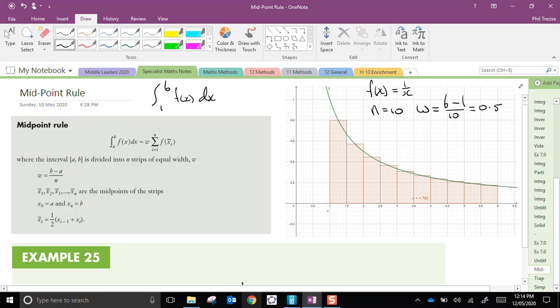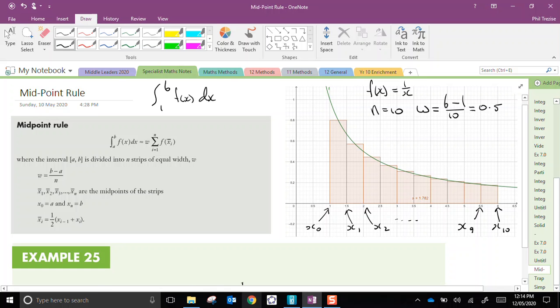I suppose I should tell you that the first value here of x is referred to as x naught. This next one is referred to as x subscript 1. This one would be x subscript 2, and so on, all the way across until we got to here. This one would be, in our case, x9, and in this case, x10.